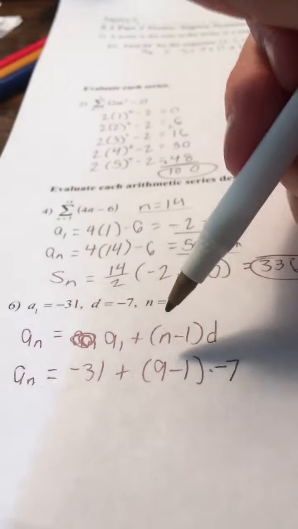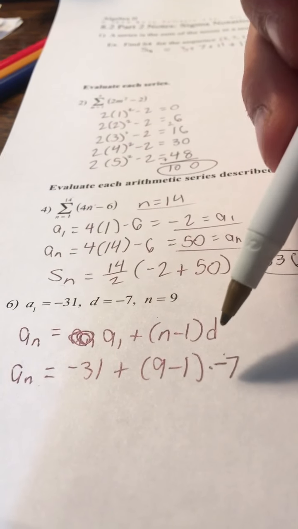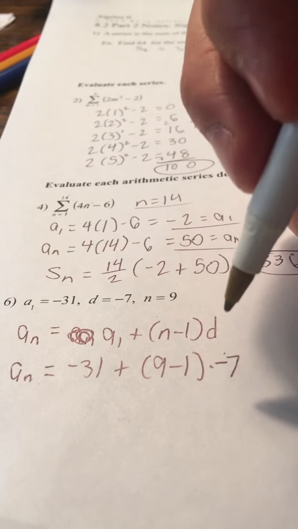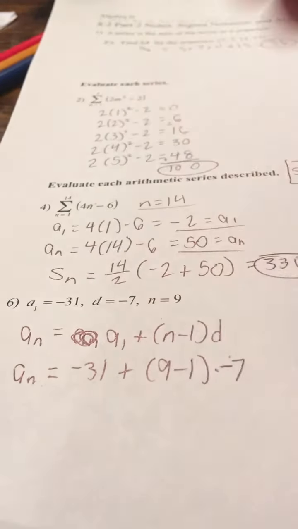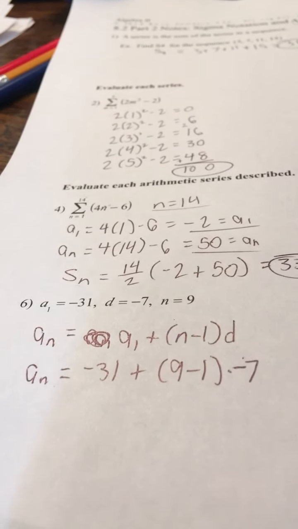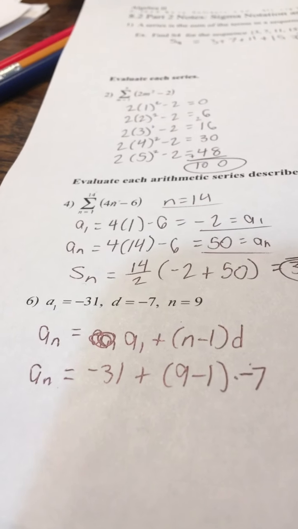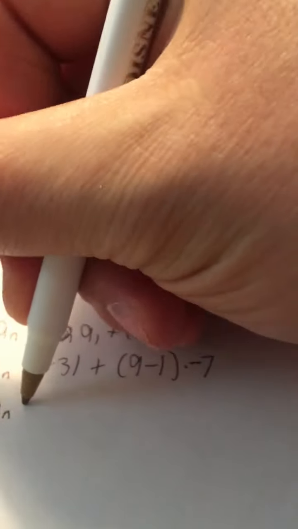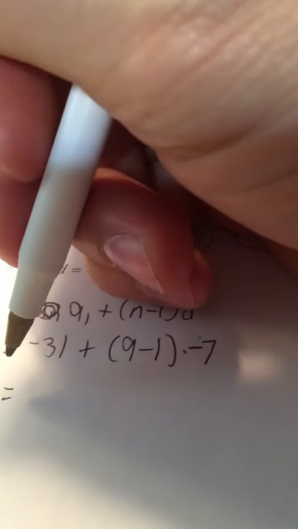All right, so 9 minus 1 is 8. 8 times negative 7 is going to be negative 48. No, 56. I lied to you. And then minus 31. Negative 87. Now that's not my answer to the problem. That's A of n, negative 87.